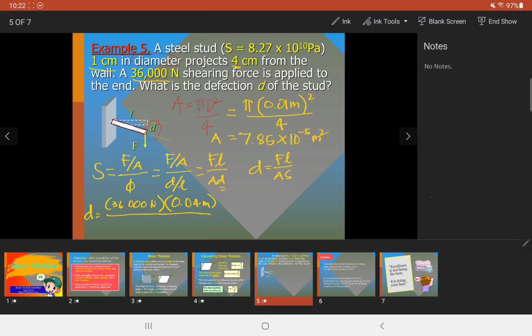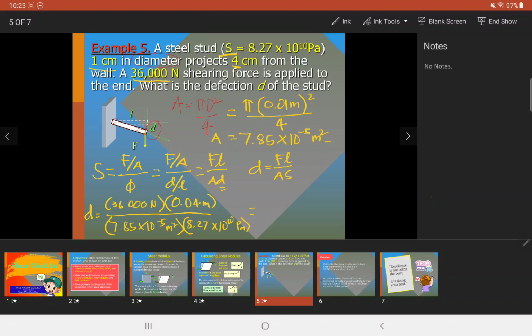Okay, over area, we have here our area, that is 7.85 times 10 raised to -5 square meter multiplied by S. Okay, what is our S here? This stress is 8.27 times 10 raised to 10 Pascal.